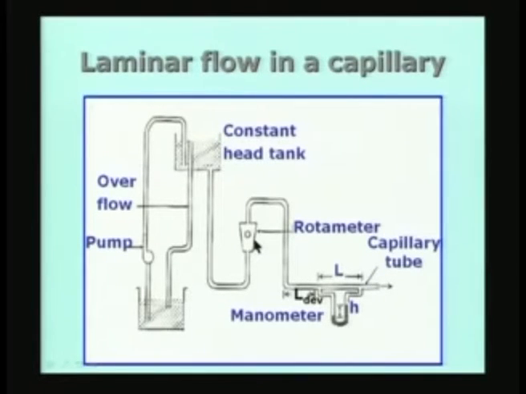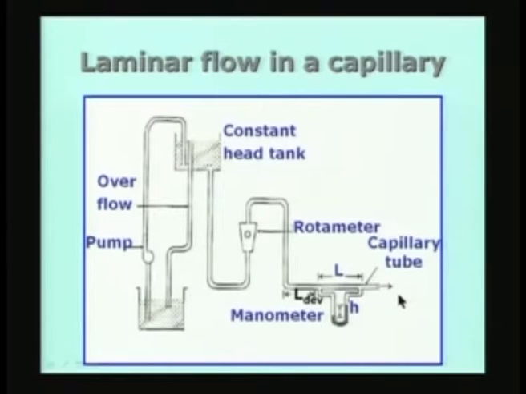So, the volumetric flow rate is measured here, or if the volumetric flow rate is very small, as it happens in most applications of this type, you can actually collect the fluid as it comes out in a graduated jar and measure the volume collected over a certain period of time.